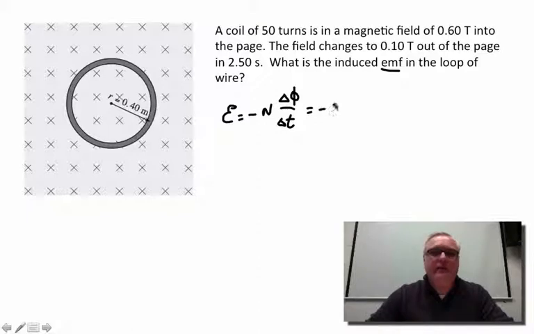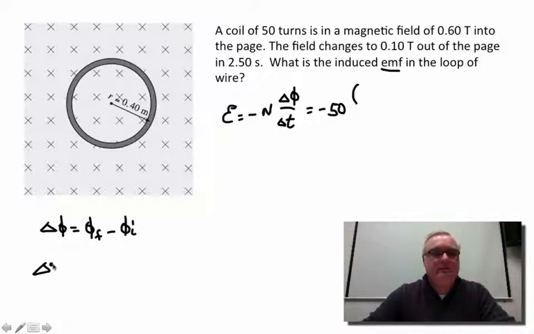And in this case, I have 50 turns of wire, and I have a changing magnetic flux. Now what's actually changing here is the magnetic field. So we have a change in B. So remember that a change in any quantity is going to be the final value minus the initial value.